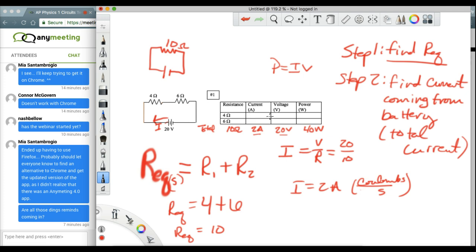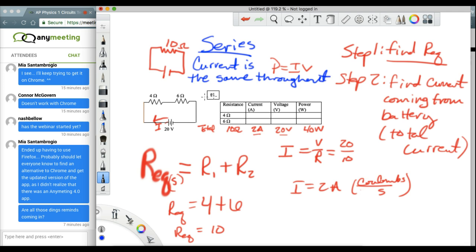So we have to remember one of the rules. The rule for a series circuit: if I were to measure current, the current is the same throughout the circuit. So if I measured an I value coming off the battery equal to 2 amps, then if I measured with an ammeter here, it would also be 2 amps.